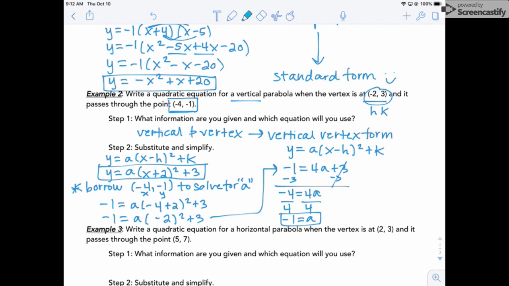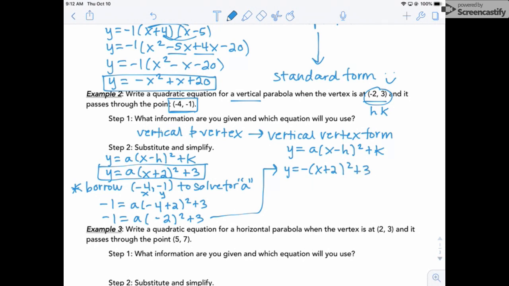Okay. So what I need to do, I'm going to erase this part that's highlighting, so that I can plug in and convert to standard form.